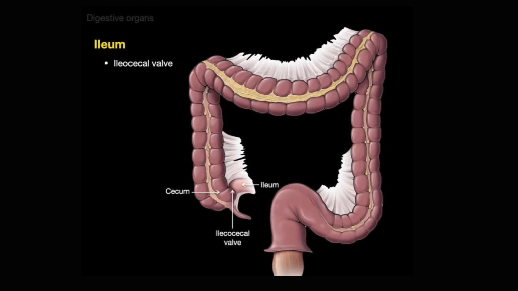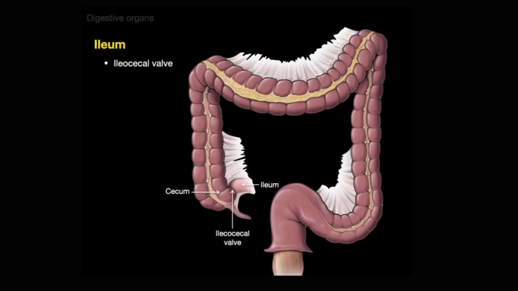Now, the ileocecal valve is located at the end of the ileum, or the small intestine, and it marks the junction with the cecum of the large intestine. You can see here how the ileum ends at the cecum and forms the ileocecal valve. This allows chyme to flow from the ileum into the cecum, and this marks the end of the small intestine.